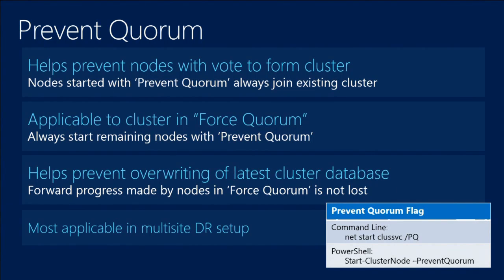So in terms of recovery steps, you always force quorum on one node and do prevent quorum on all the other nodes in the cluster so that they join this force started instance. So you don't have split brain or multi-partition scenarios that ever crop up.